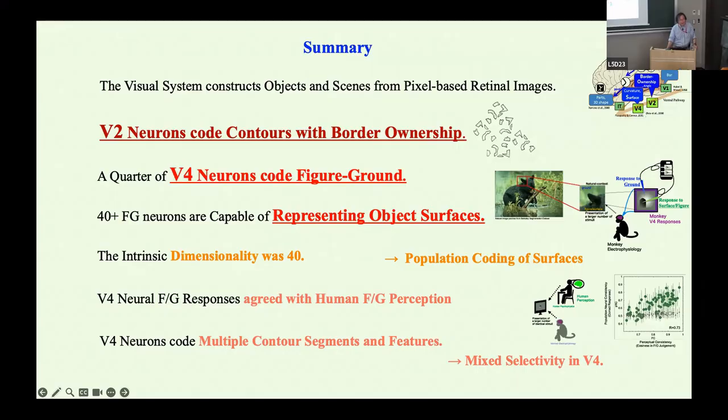Sorry, thank you for the talk. So you mentioned the intrinsic dimensionality was 40. I was wondering, does that depend on the complexity of the scene, or is it scene independent? Excuse me, what do you mean? If I have a very simple picture, will that change the intrinsic dimensionality? Okay. Yeah, actually, that dimensionality was computed from the combination of the stimuli and neural responses.